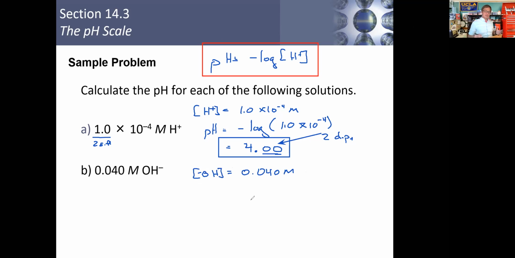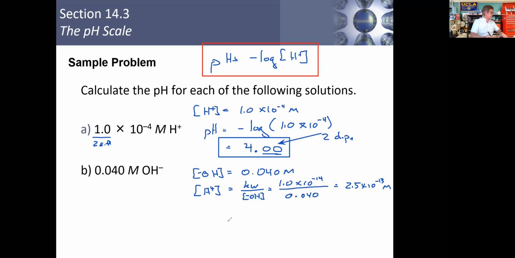The pH is the negative log of the hydrogen ion concentration. So how do we get the hydrogen ion concentration? Remember, we have a way. It's going to be Kw divided by the hydroxide ion concentration. That's why we had to learn about Kw. Substituting that in, it's 1 times 10 to the minus 14 over 0.040, and that gives us a value of 2.5 times 10 to the minus 13 molar.